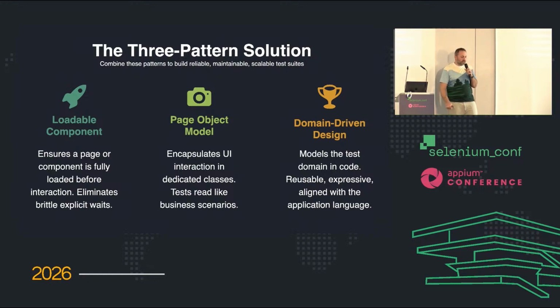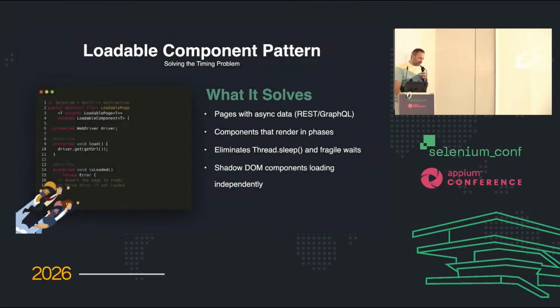The Page Object Model, which encapsulates the UI interactions in specific classes, so tests read only as business scenarios. And Domain-Driven Design, which allows us to replicate the business scenarios in the code, making it more readable. So let's start with the Loadable Component and understand what it is and how we can use it.